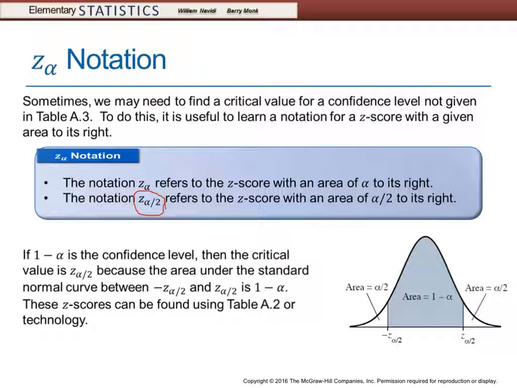So if 1 minus alpha is the confidence level, then the critical value that we're looking for is z alpha over 2, because the area under the standard normal curve is between negative z alpha over 2 and z alpha over 2. These z-scores can be found using table A2 or technology.